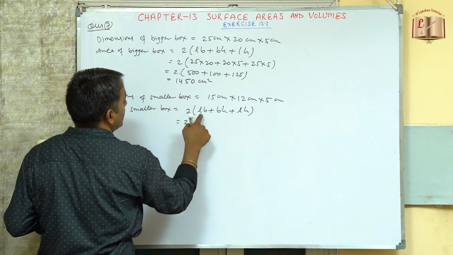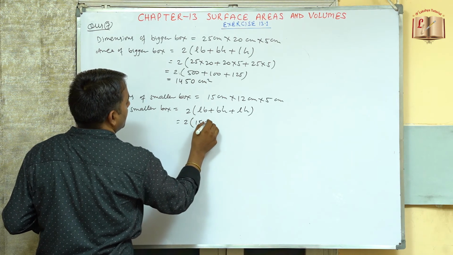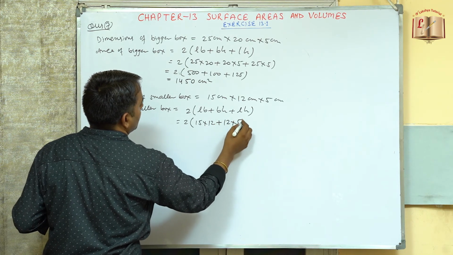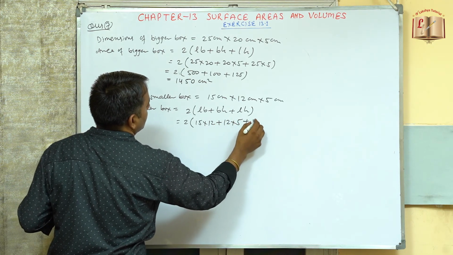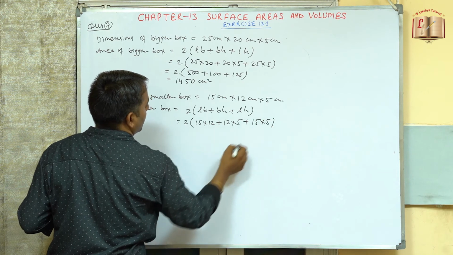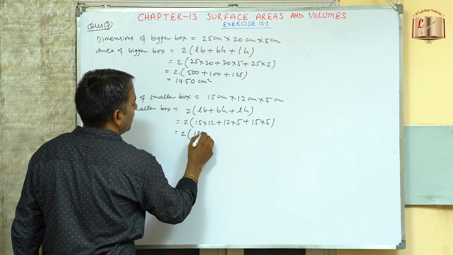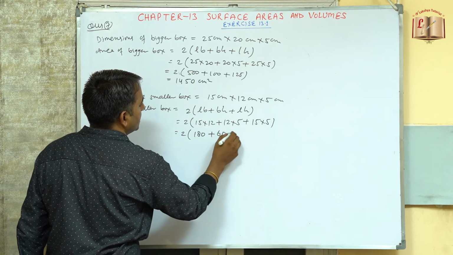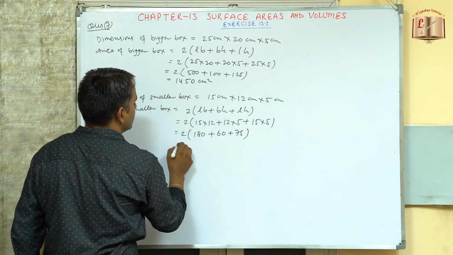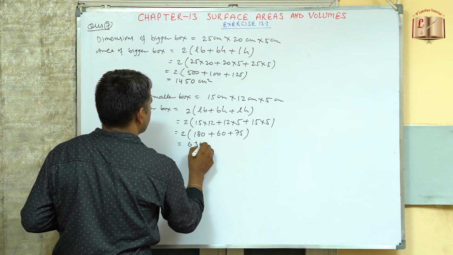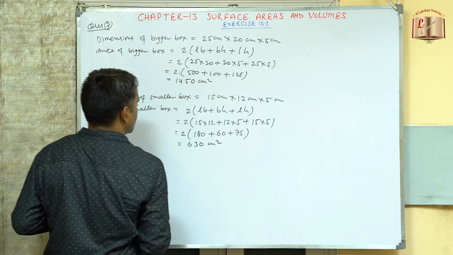So this is 2 times 15 into 12 plus 12 into 5 plus 15 into 5. So this will be equals to 2 times 180 plus 60 plus 75. On solving this, we get 630 centimeter square.